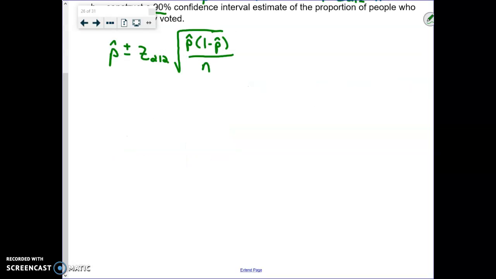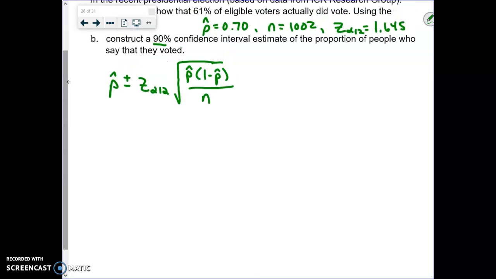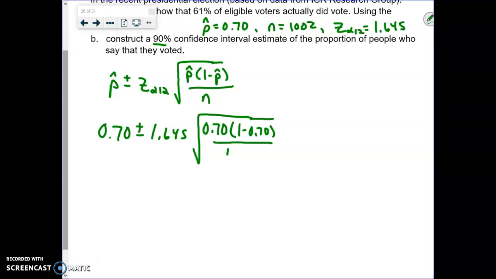So again, if we calculate, p-hat was 0.7 plus or minus 1.645 times the square root of 0.7 times 1 minus 0.7, which would be 0.3, all over 1,002.